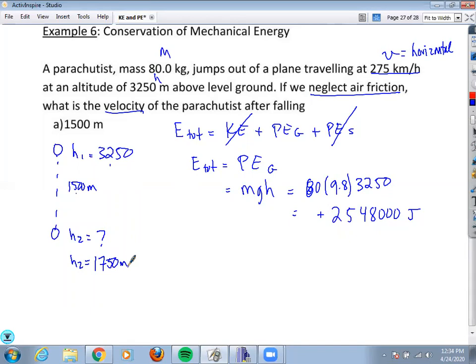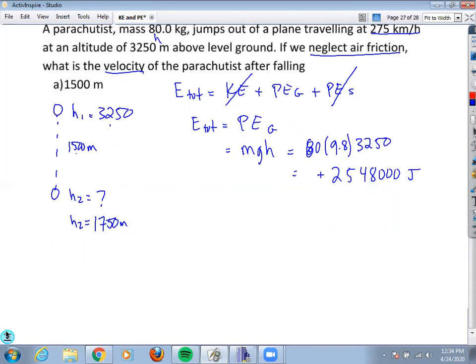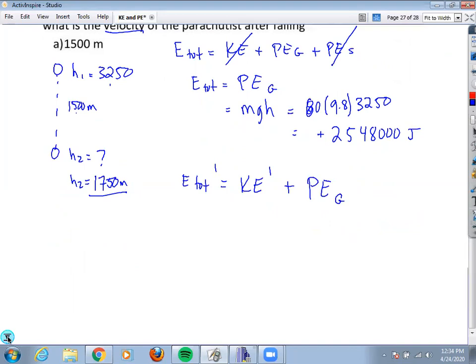Okay, we do know that as the parachutist falls, it's going to gain vertical velocity. So E total prime would equal the final kinetic energy plus the final gravitational potential energy, because of course it's still above the ground. So now what we're saying is that E total equals E total prime.